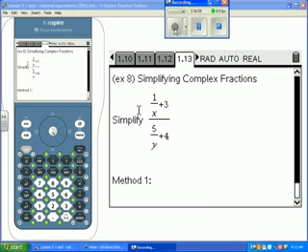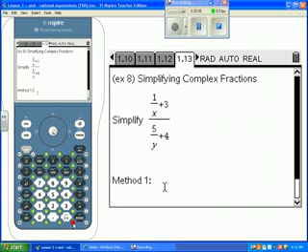Okay, so here's our first complex fraction. Are we ready? Okay, method 1 is to find the LCD. Yep. So step 1 is to find an LCD.